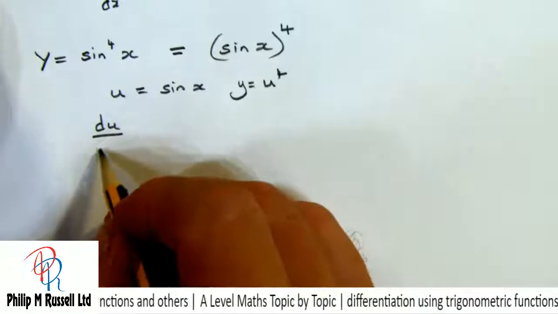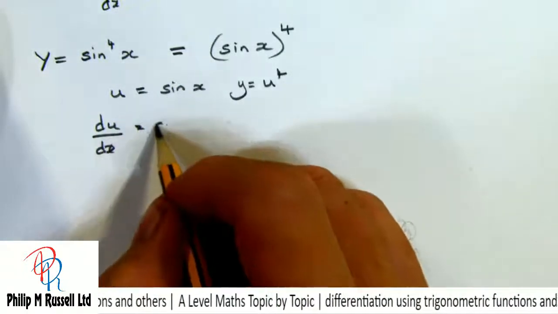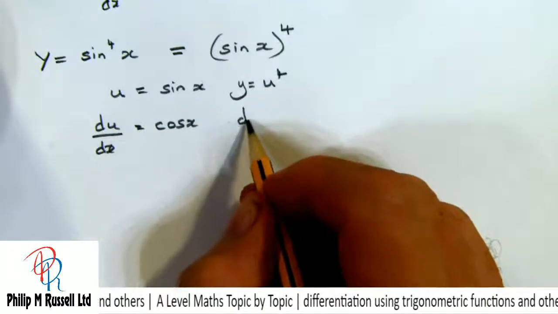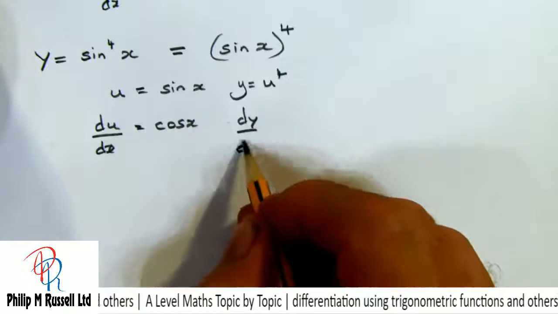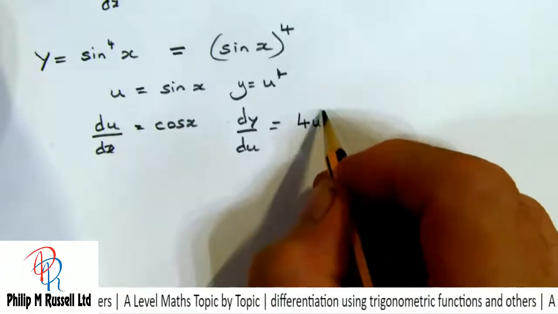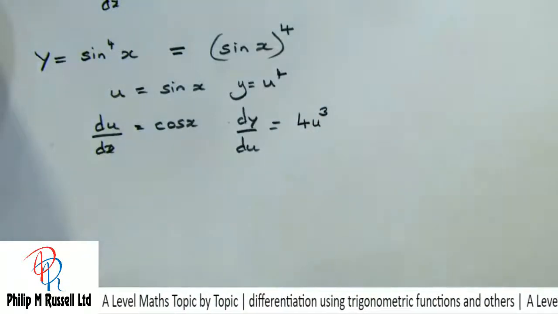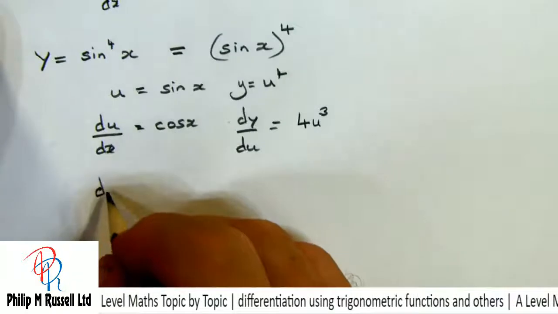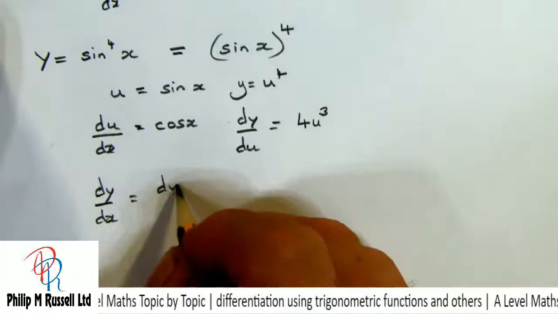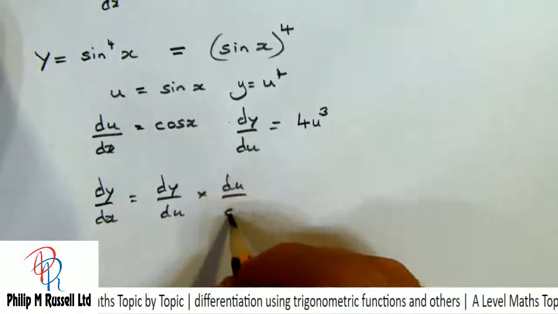This is going to be du by dx, and sine x becomes cos x, and here dy by du is simply going to be 4u to the power of 3. With our chain rule, dy by dx equals dy by du times du by dx.